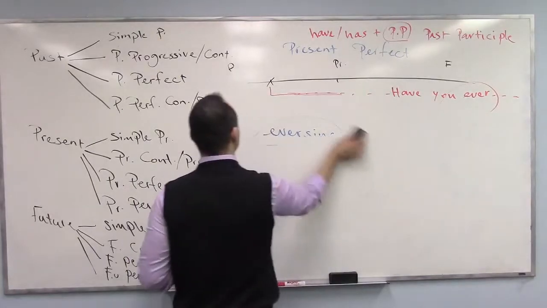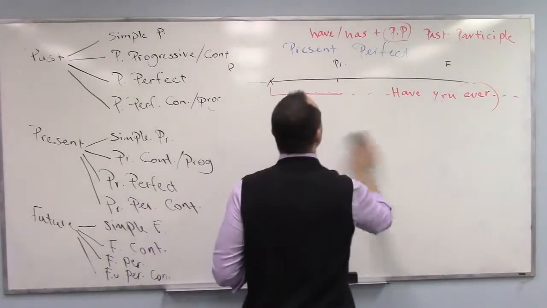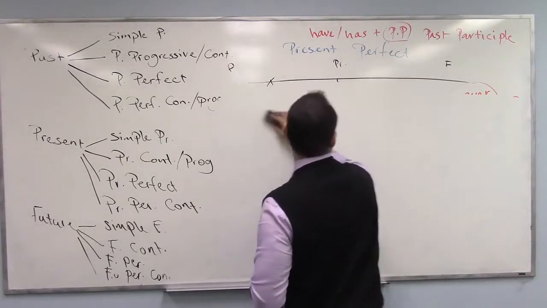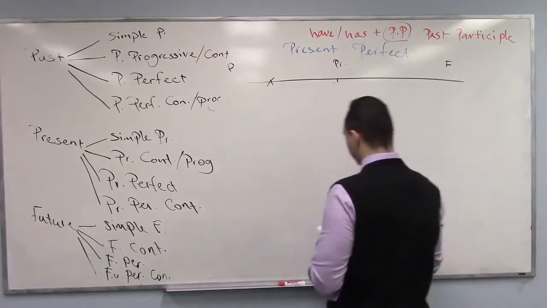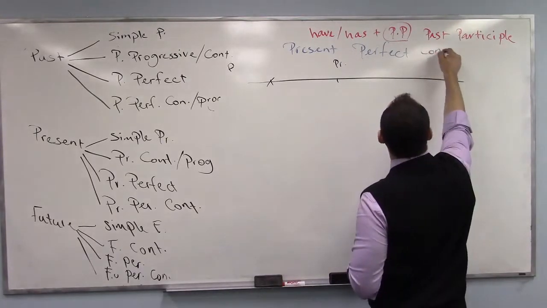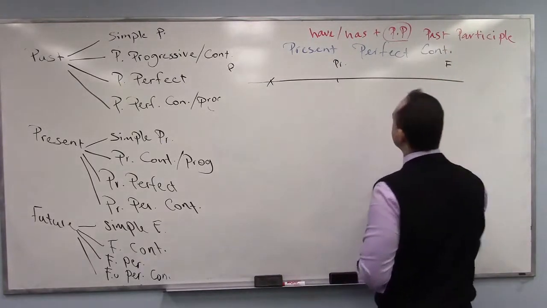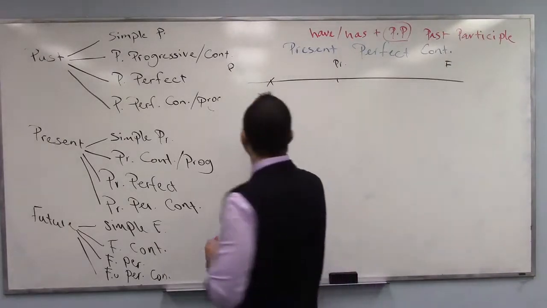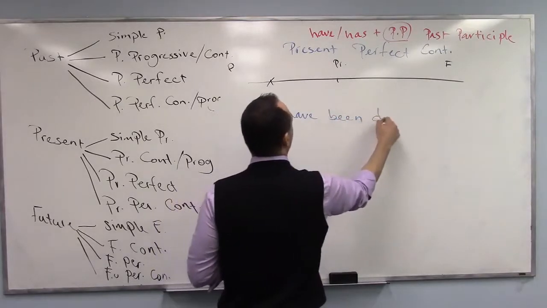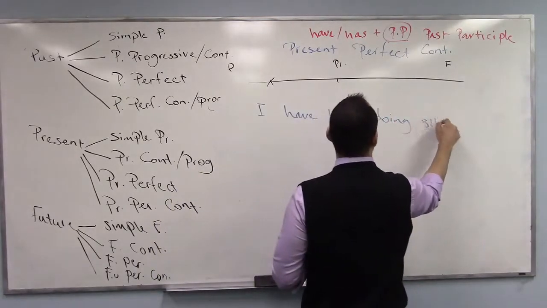Now I want to move on to present perfect continuous. I have been doing something.